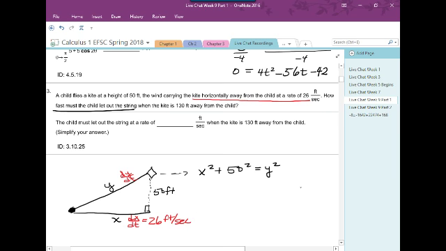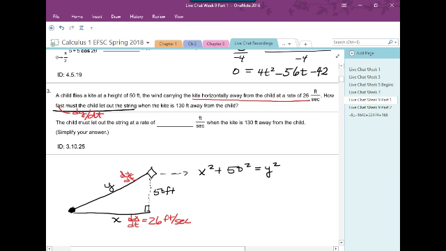Again, dy/dt is how fast the child is letting out the string, the change in the length of the string. dx/dt is the change in the horizontal distance from the child to the kite.